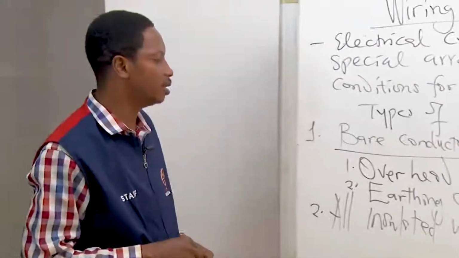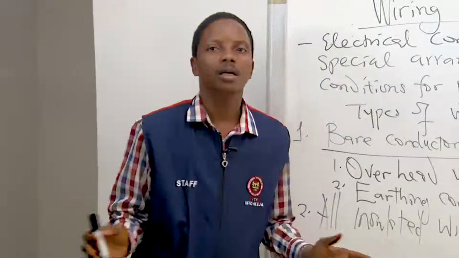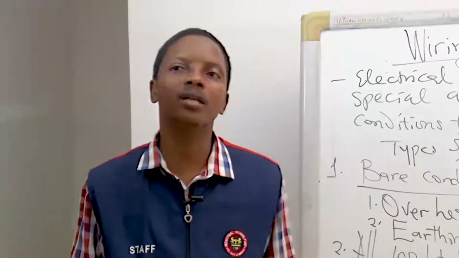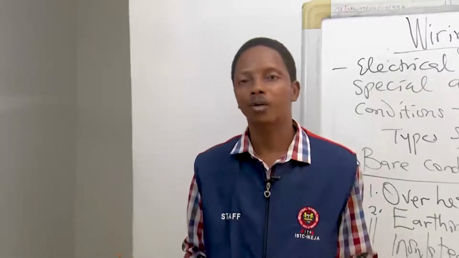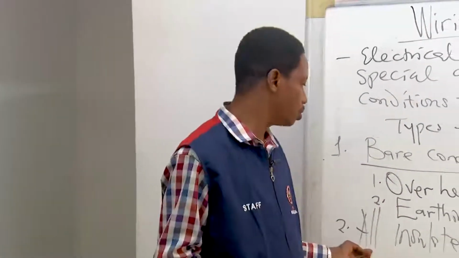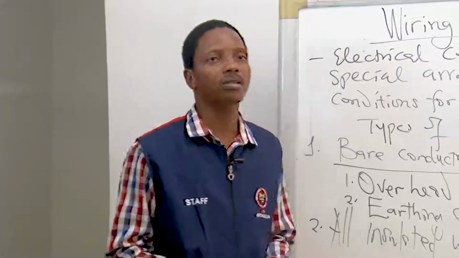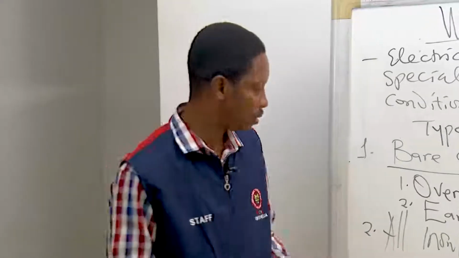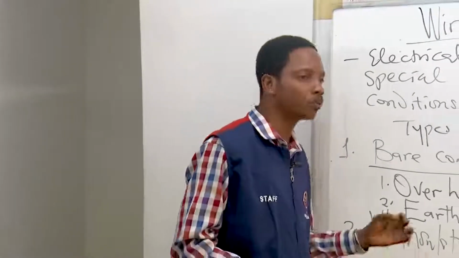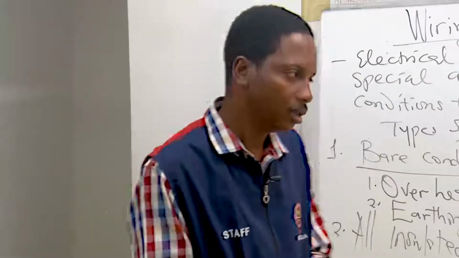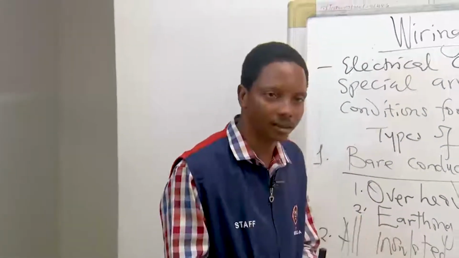The second one is all insulated wiring system. In all insulated wiring system, we are talking about surface wiring system. Of course, we use the word all insulated because the type of cables here determines what we use. The first point here is that the cables are insulated, not naked.